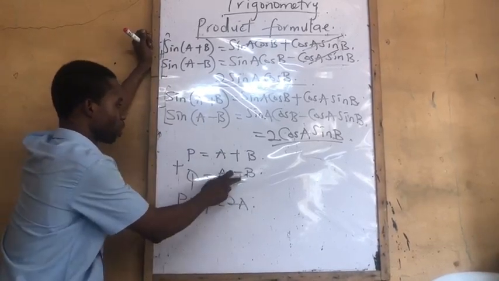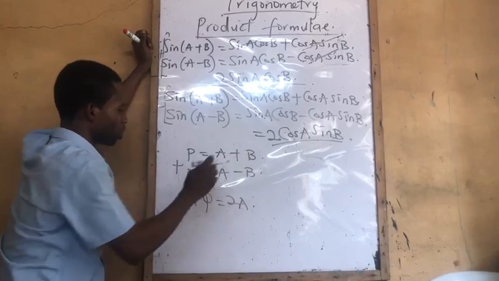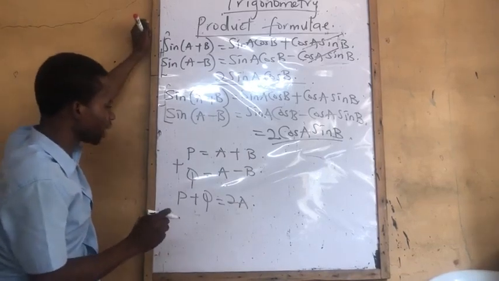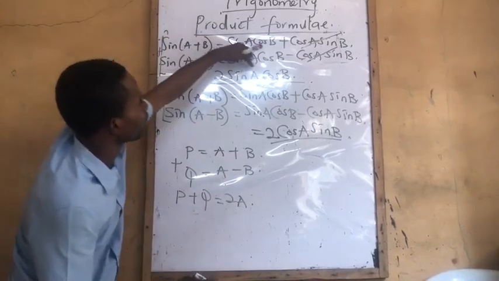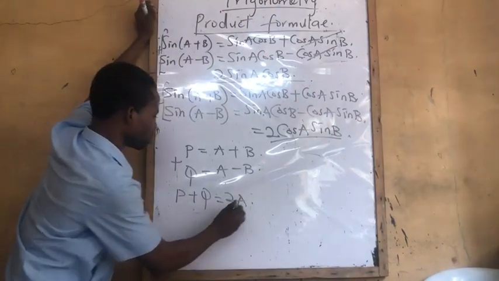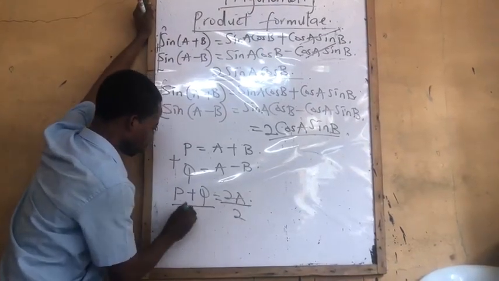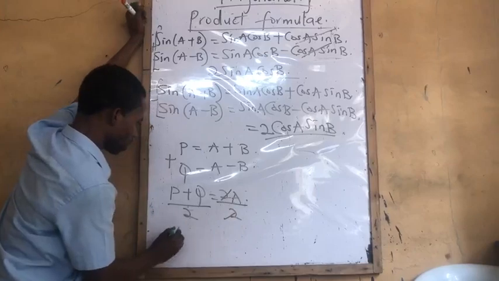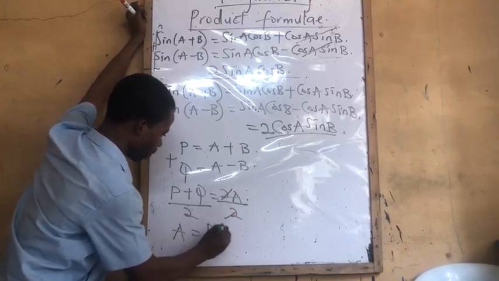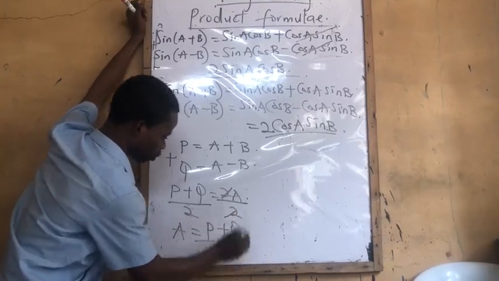Plus B cancels minus B. But I want to look for A, so I divide both sides by 2. That means A equals P plus Q all over 2.